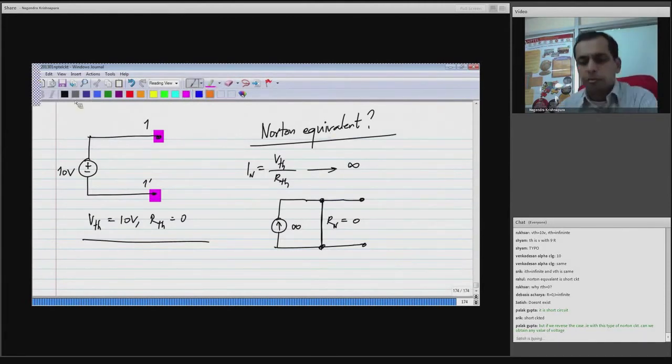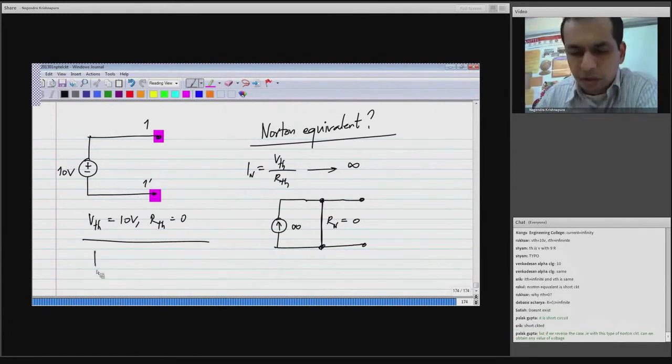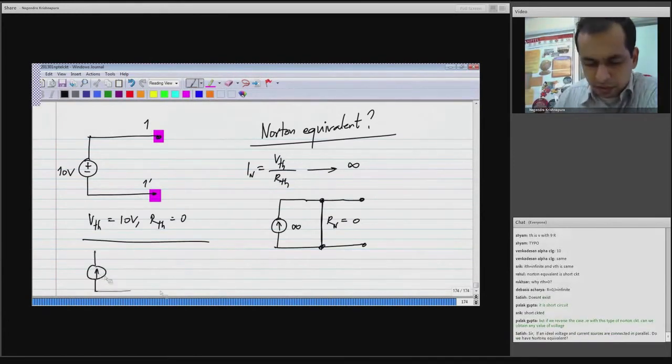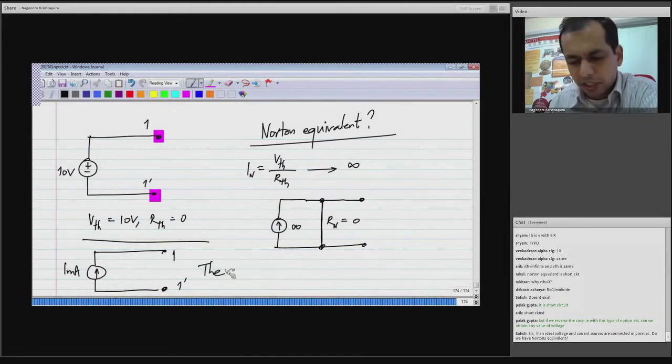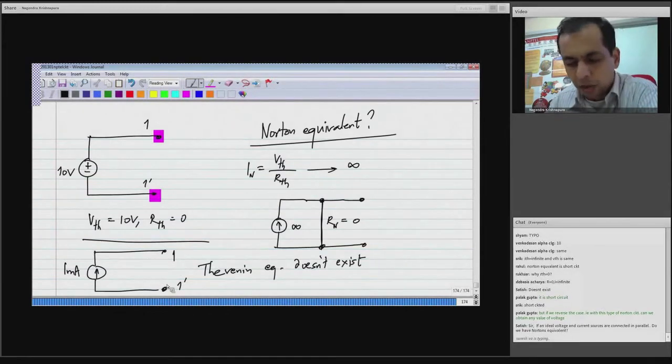Similarly, if you have a pure current source between the terminals, one milliamp, 1 and 1 prime, the Thevenin equivalent doesn't exist and the Norton equivalent is the same as this. It's just a current source.